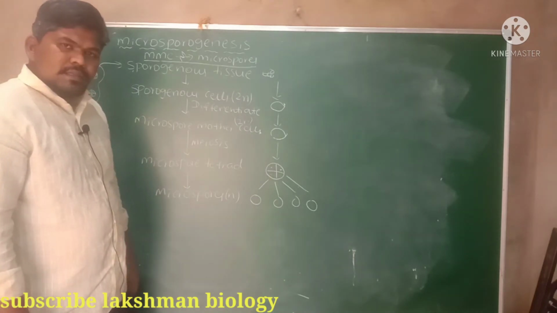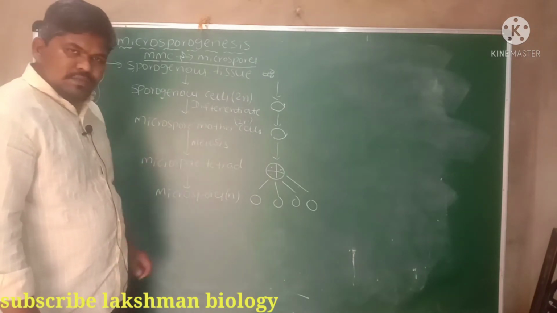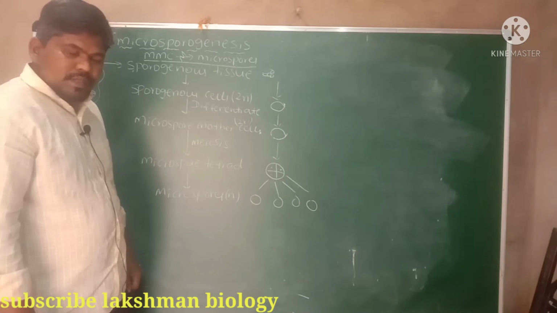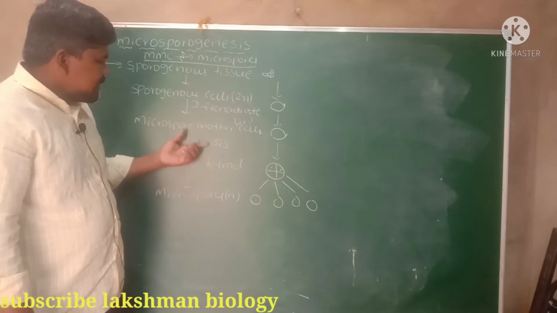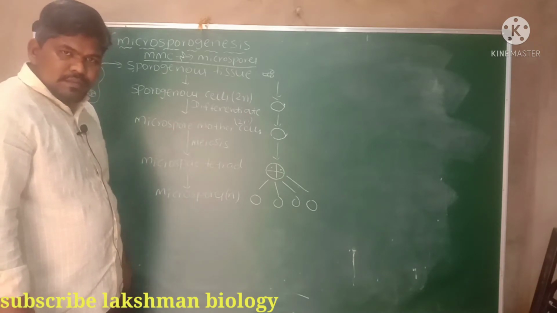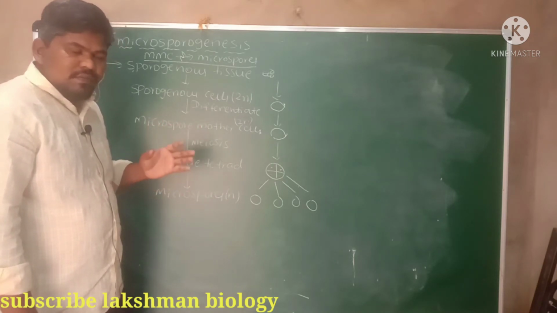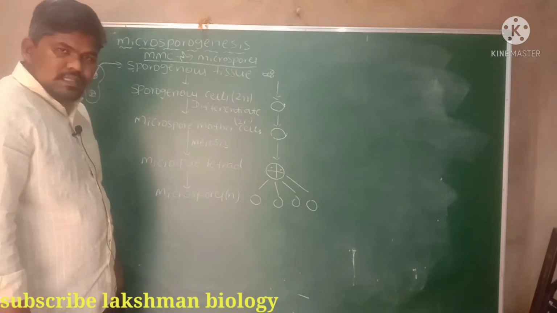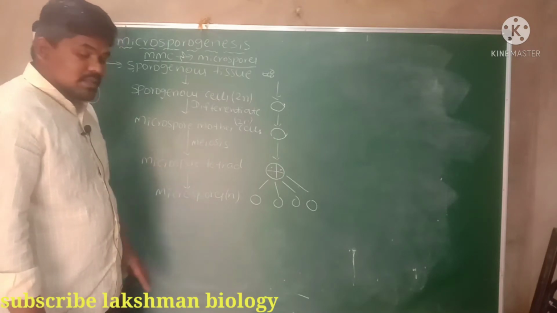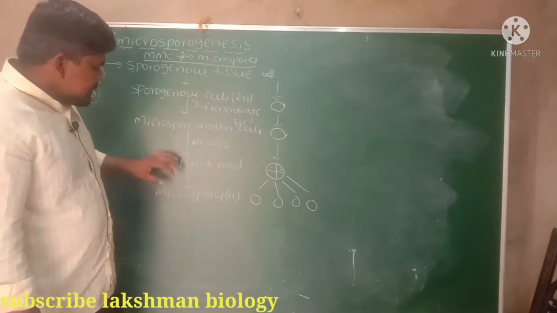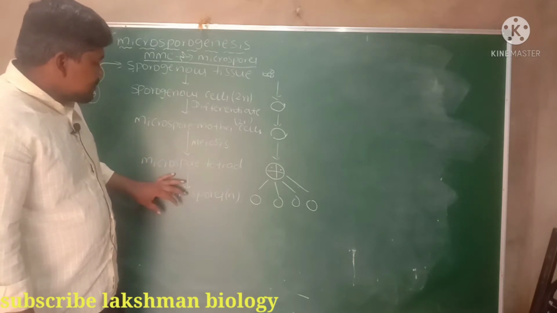Because meiosis is a reductional division in which haploid cells are formed from a diploid cell. The number of chromosomes becomes half in the newly formed cells in the process of meiosis. That is about the formation of a microspore.